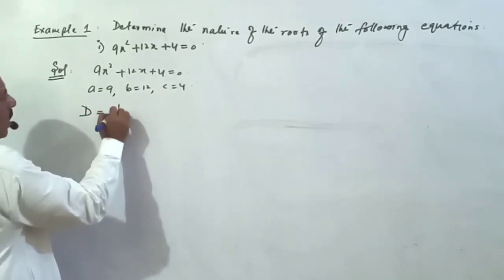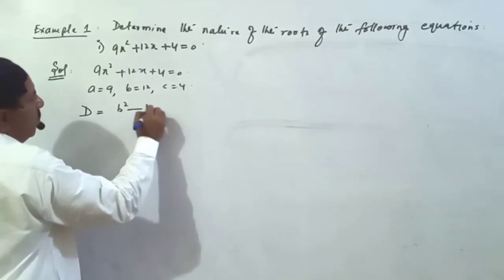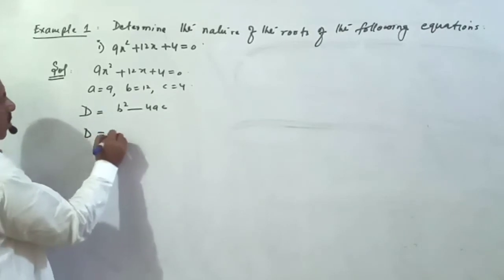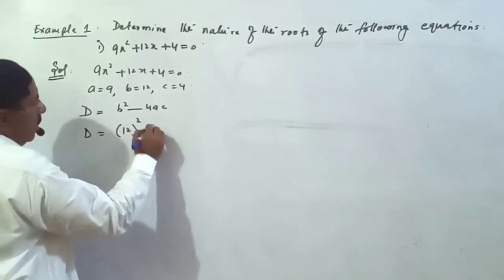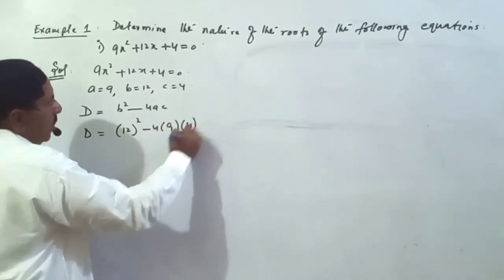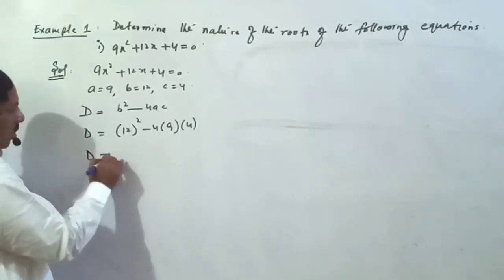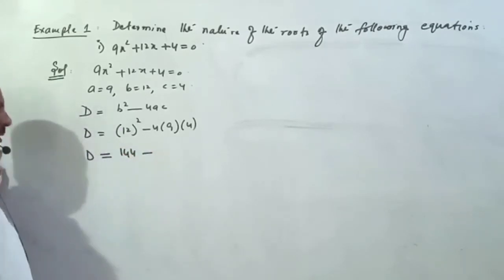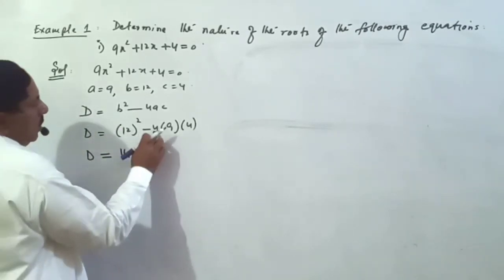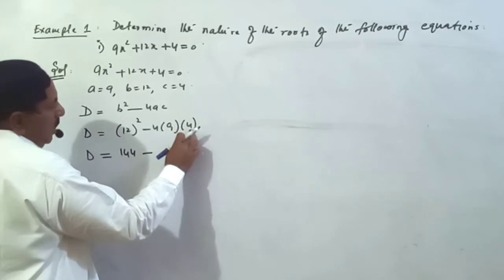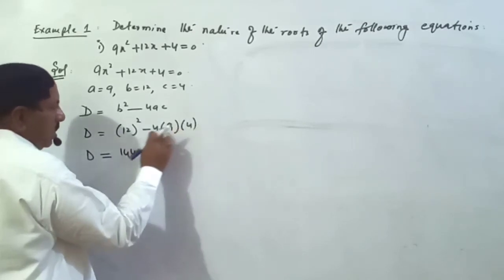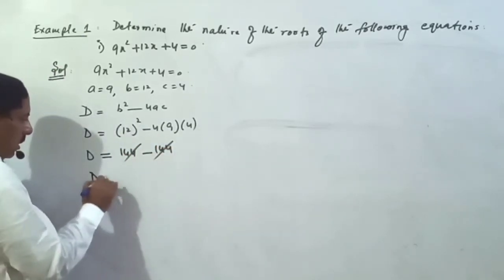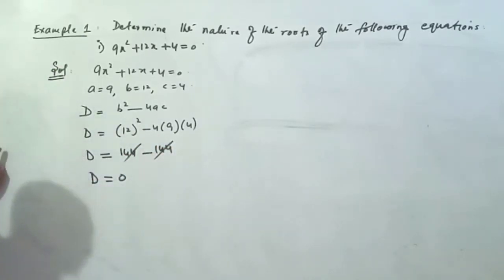As discriminant is equal to b square minus 4ac, therefore D here is equal to 12 square minus 4 into 9 into 4. That is 144 minus 4 into 9 into 4, which is 144. Cancel. Discriminant is equal to 0.